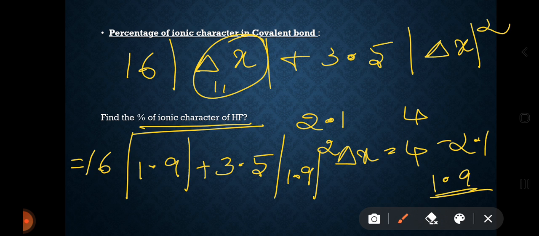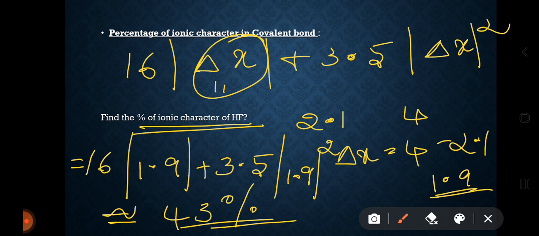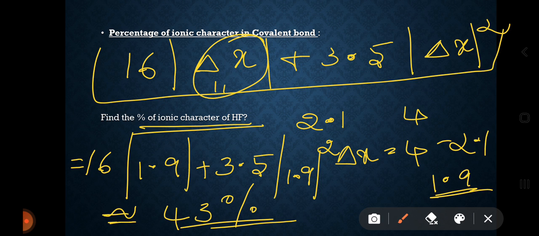If you solve, it is approximately equal to 43%. The percentage of ionic character in hydrogen fluoride is 43%. One thing you have to remember is this formula. Another is that as electronegativity difference increases, percentage of ionic character also increases.